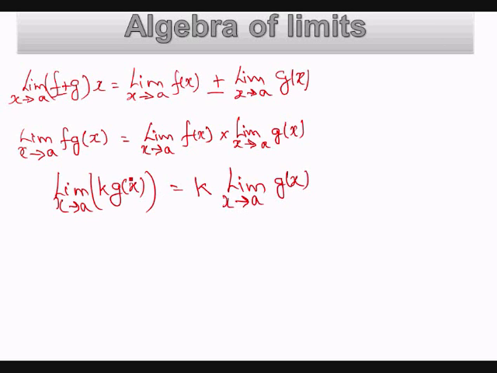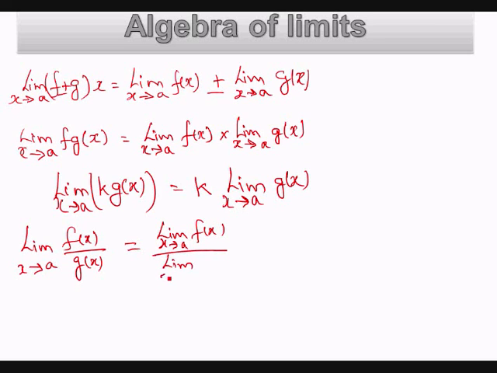That is, the k comes out of the limit. The third one is the division of two functions. And if I want to find the limit as x tends to a, I can find the individual limits and divide them. These are the basic algebra of limits.